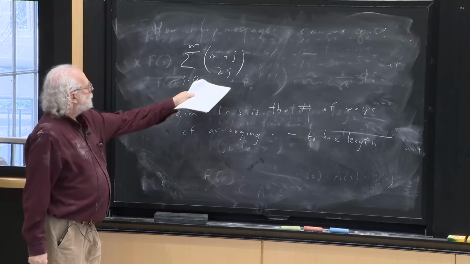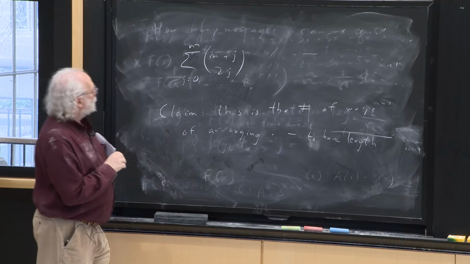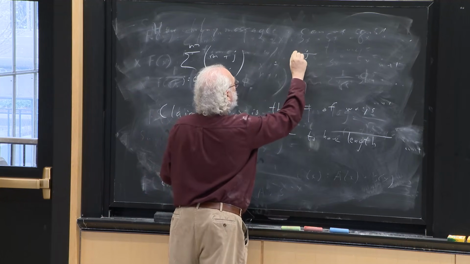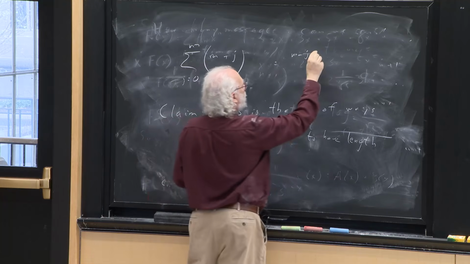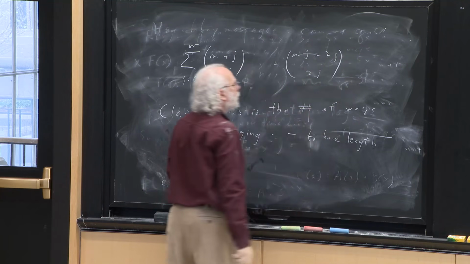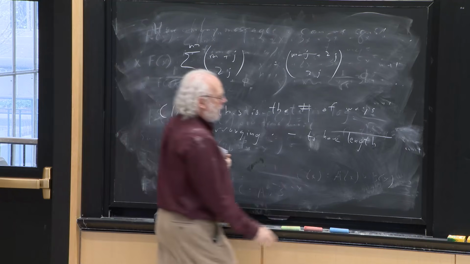So I want to call this m minus j plus 2j, choose 2j, and to have length m.